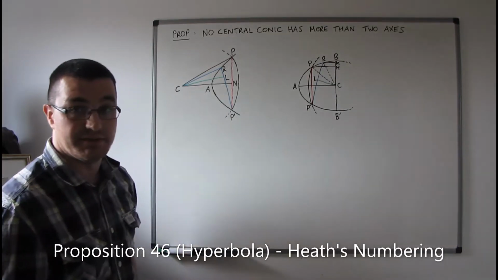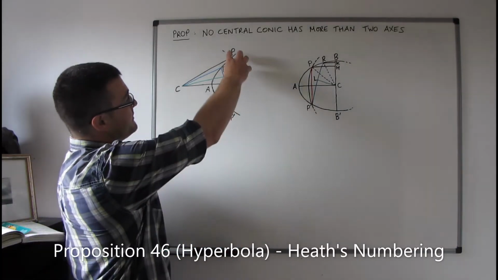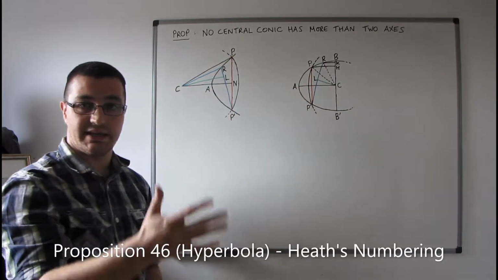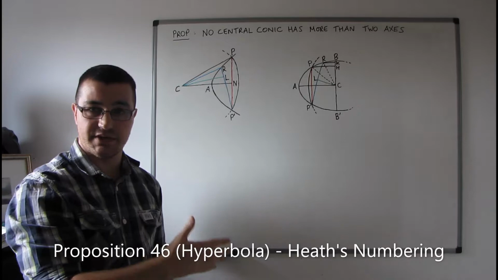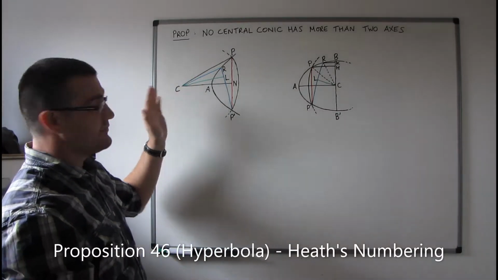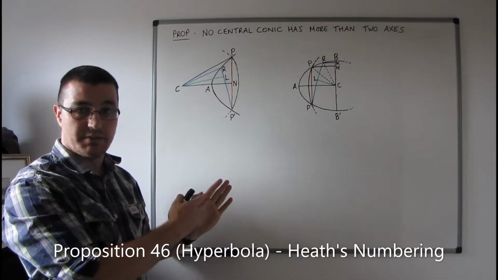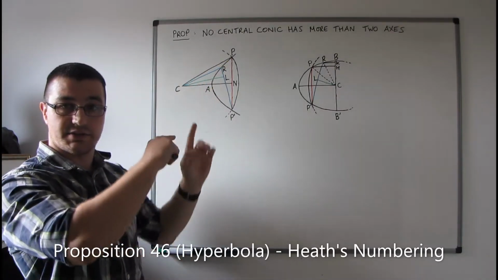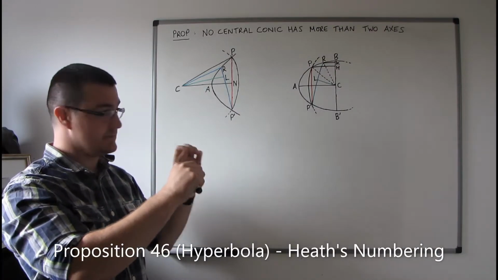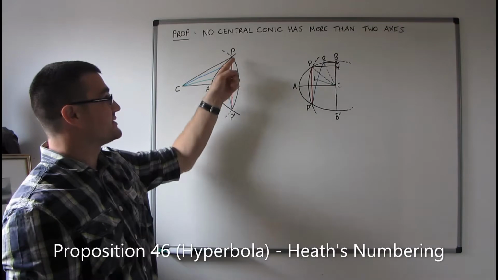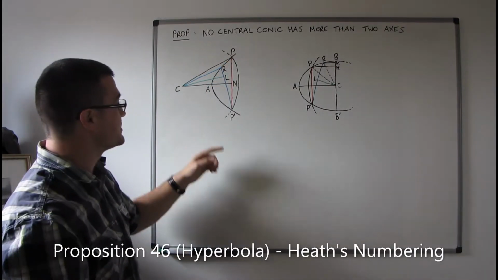So let me explain the diagram that we've got. We've got the hyperbola here, and just like in the previous proposition, we find the centre of the hyperbola, choose a point P on the hyperbola, and with centre C, we describe a circle that passes through the point P that we chose.